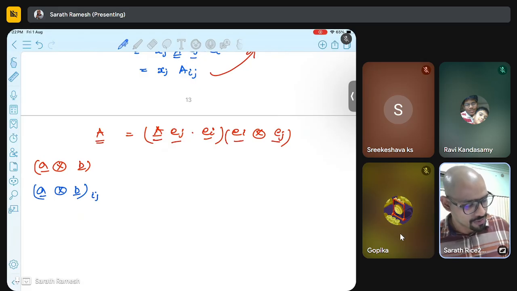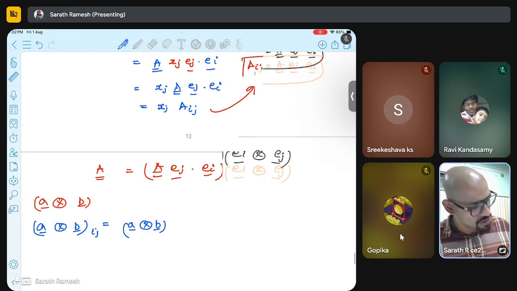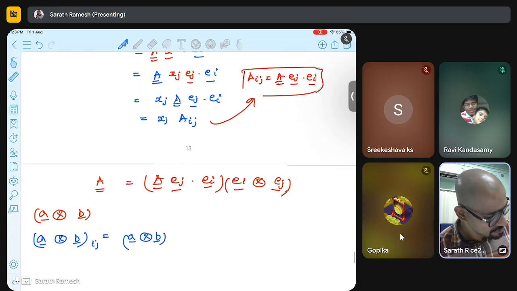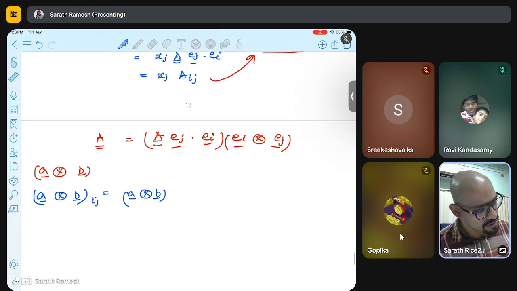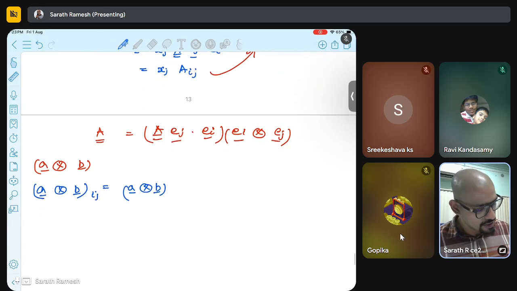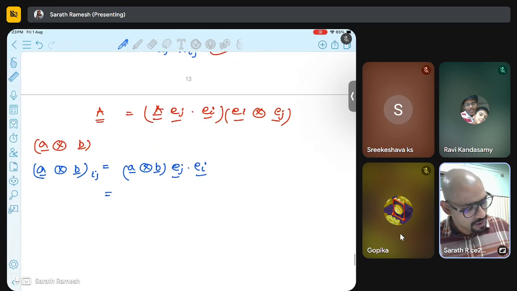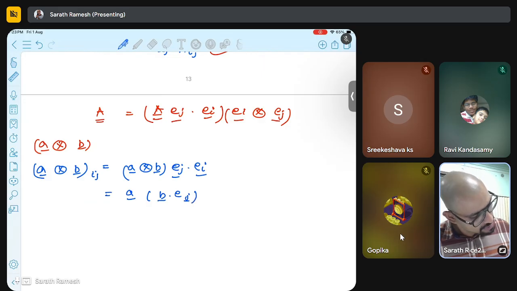The ijth component of A tensor product B will be equal to (A tensor product B) times e_j dotted with e_i. Just now we have seen the ij component of a tensor is the tensor times e_j dotted with e_i. So this is equal to A times B dotted with e_j, times e_i.